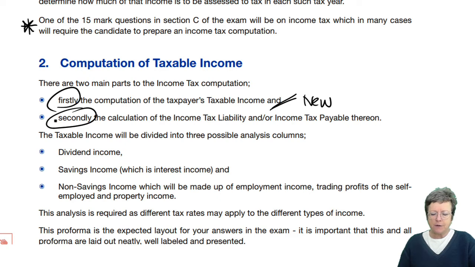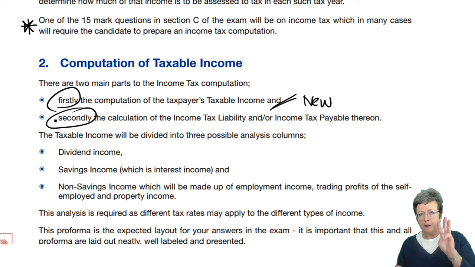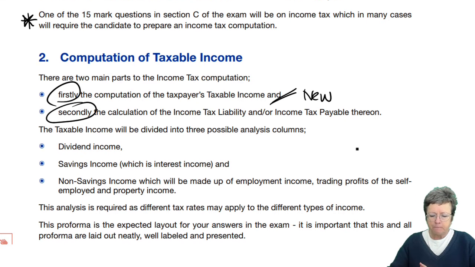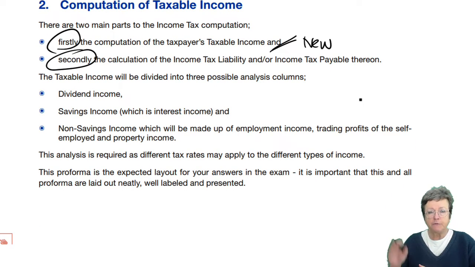That taxable income computation is divided into three analysis columns. A dividend column for dividend income. Savings income, bank interest, building society interest, is in its own column.